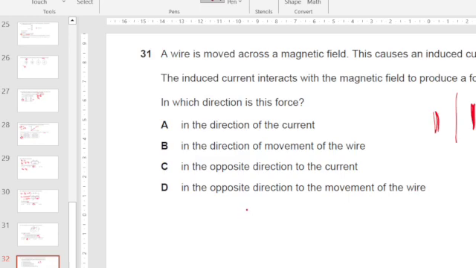The force should be opposite to the movement of the wire, because according to Lenz's law, the induced EMF opposes the change in magnetic flux. So the force will be in the opposite direction to that of the movement of the wire. Option D is the correct option.